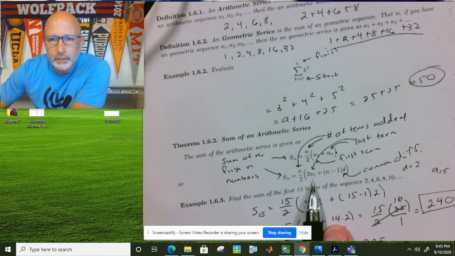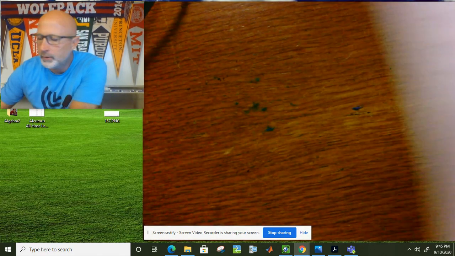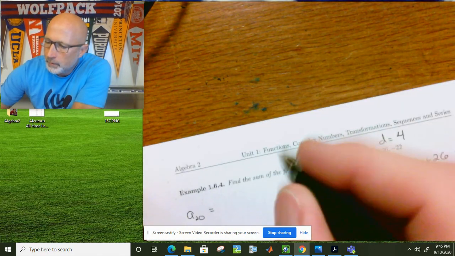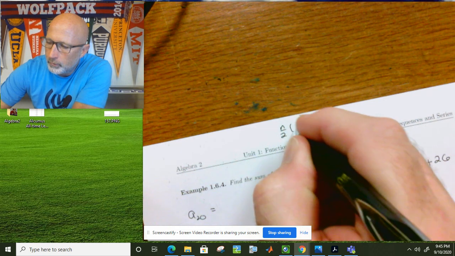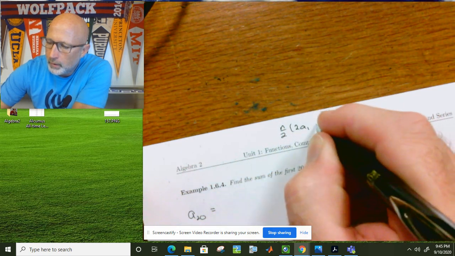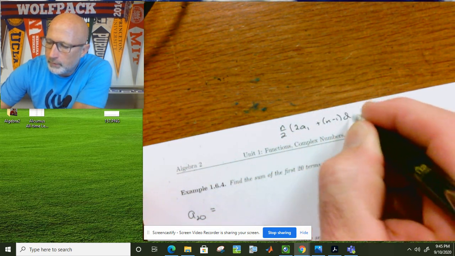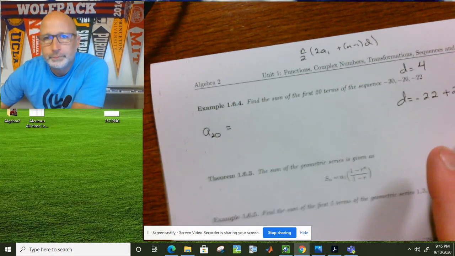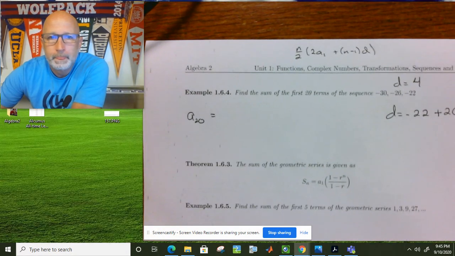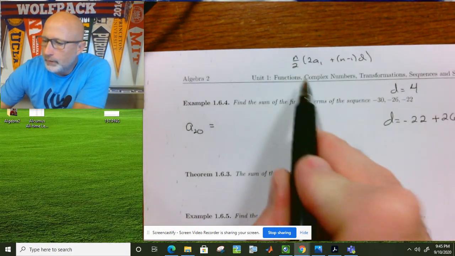N over 2 times 2a plus n minus 1 times d. So n all over 2 times 2a1 plus n minus 1 times d. Okay, so in the first case, n is 20.